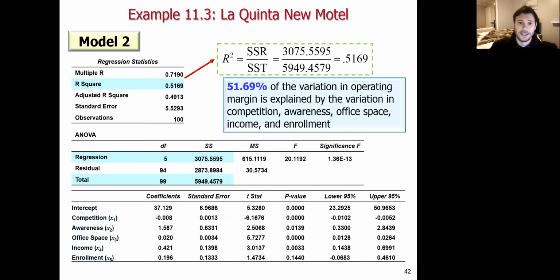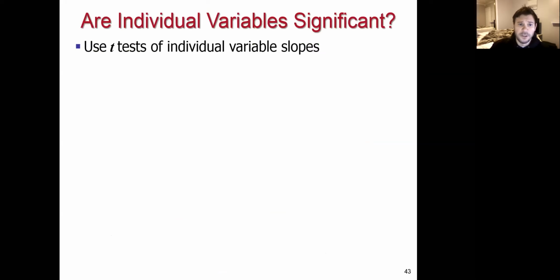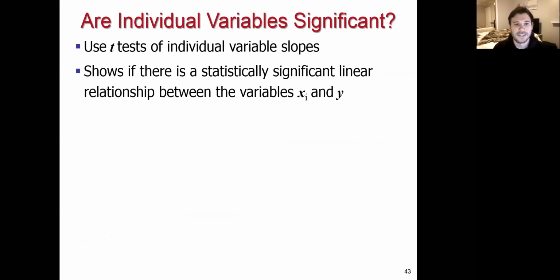So let's go ahead and talk a little bit about the t-test again. This is something that's not new here. But we're going to use the t-test to check the statistical significance of the individual B parameters. And you could do this for the intercept and the slope terms. What this does is it shows if there is a statistically significant linear relationship between a particular variable xi and the y variable we are trying to predict.